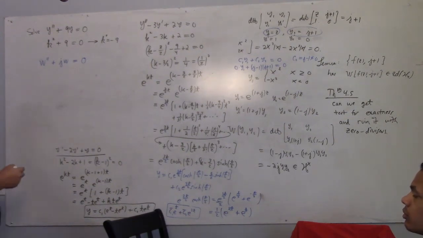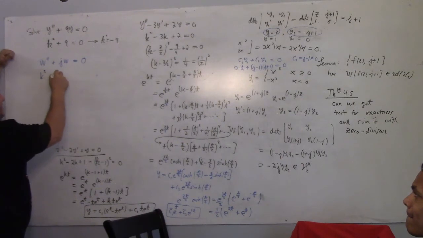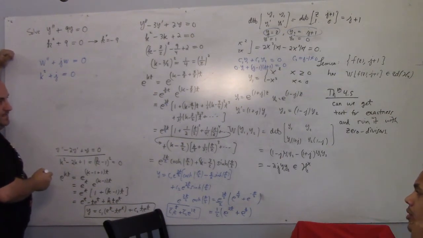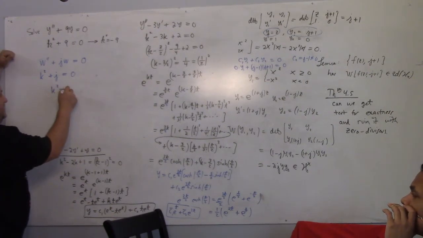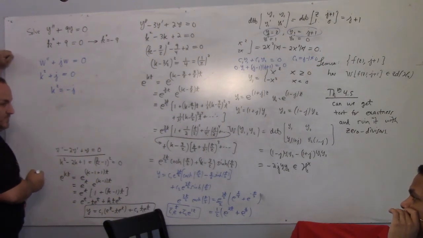Same thing. So we do k squared plus j equals 0. K squared is minus j. I avoid square roots, bad news.